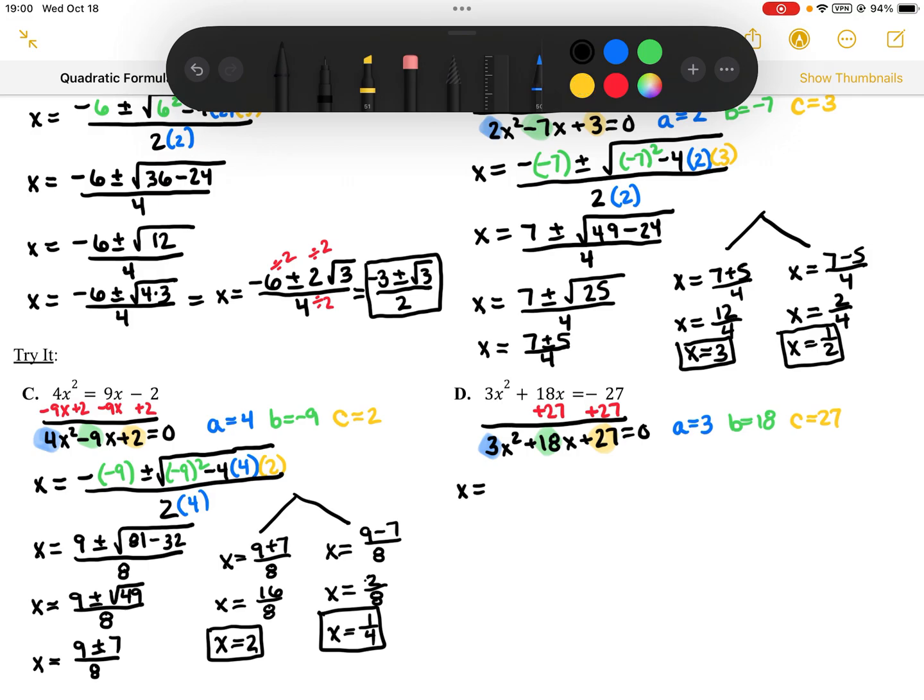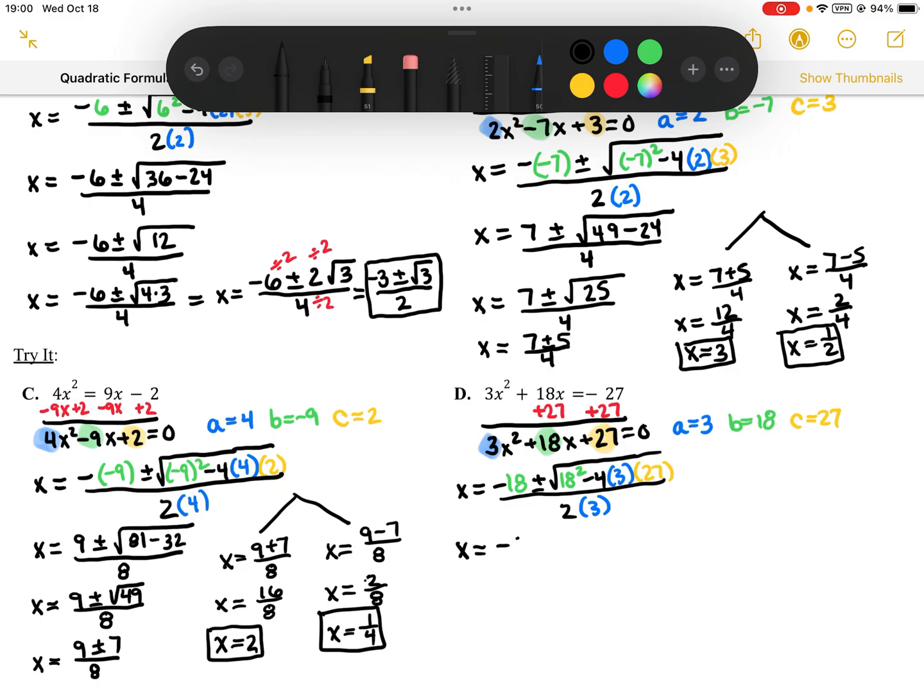So I have x equals negative b plus or minus the square root of b squared minus 4ac, all over 2a.